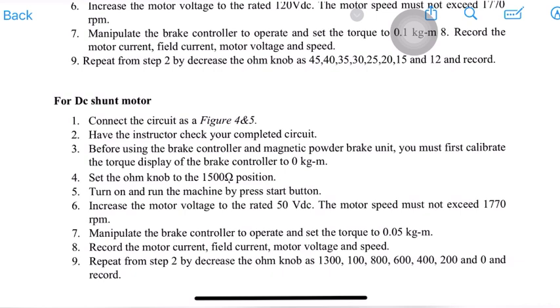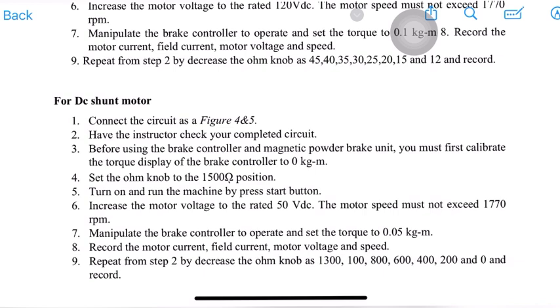For the DC shunt motor, connect the circuit as in figures 4 and 5. Second, have the instructor check your complete circuit before using the brake controller and magnetic powder brake unit. You must first calibrate the torque display of the brake controller to 0 kgm. Set the ohm knob to the 1500 ohm position. Turn on and run the machine by pressing the start button. Increase the motor voltage to the rated 50 VDC. The motor speed must not exceed 1770 RPM.